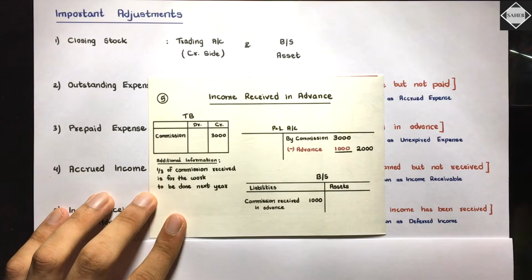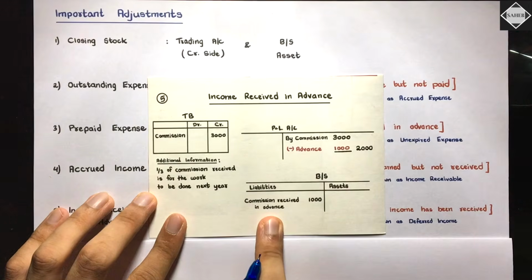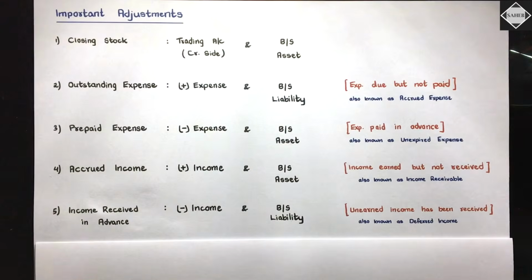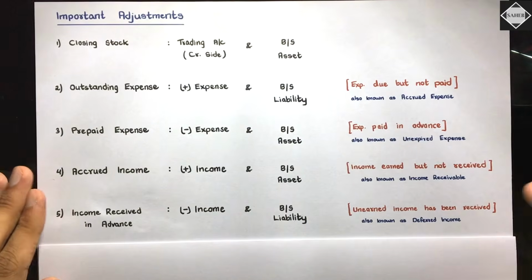We cannot recognize it as income. We have to reduce the income and recognize it as a liability. That's the logic. Is that clear? Income received in advance: reduce the income, recognize the liability. Unearned income has been received, also known as deferred income. In some foreign books you will see it is also called deferred income.